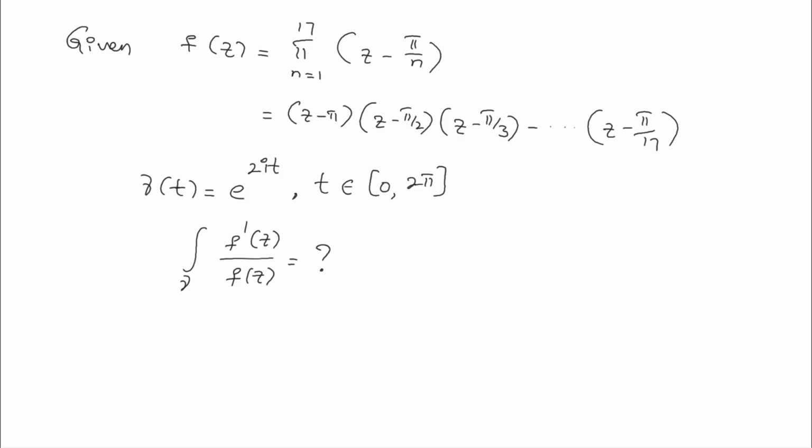Firstly, let me explain the curve gamma, how it looks. Taking the complex plane, this is the point 1, this is the point minus 1, approximately I, and approximately this is minus I.